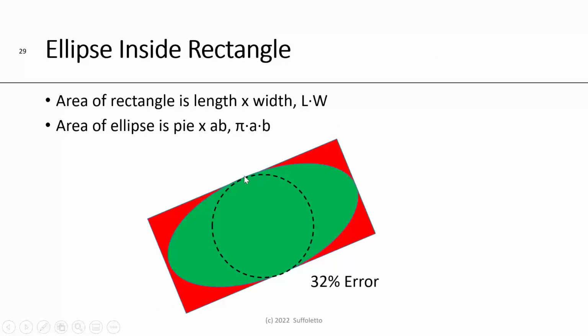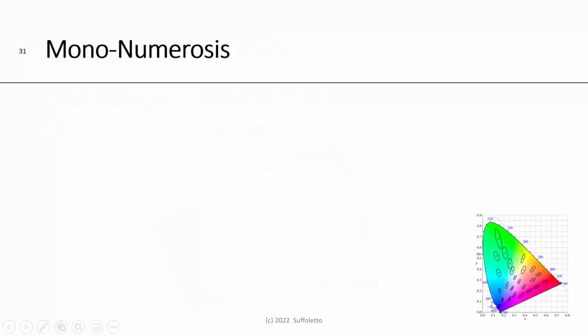Well, if you change the rectangle and rotate it on a diagonal, and now you try to fit an ellipse inside there, you still have an error, 32%. What I'm trying to suggest to you is that the delta E formula has been modified and altered over the years since 1930 to get better and better.